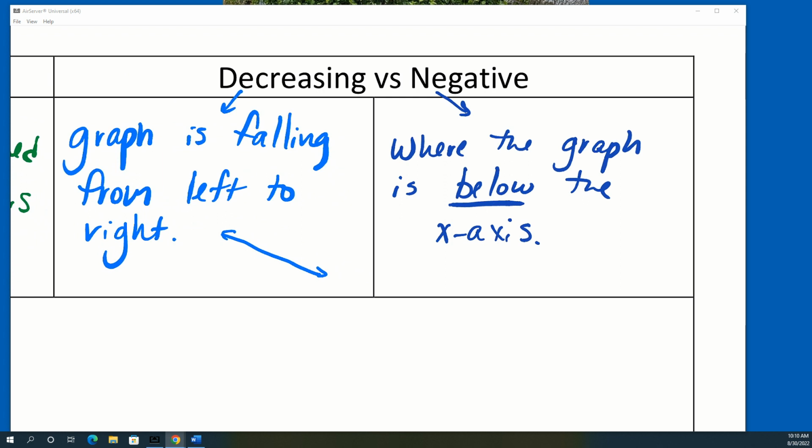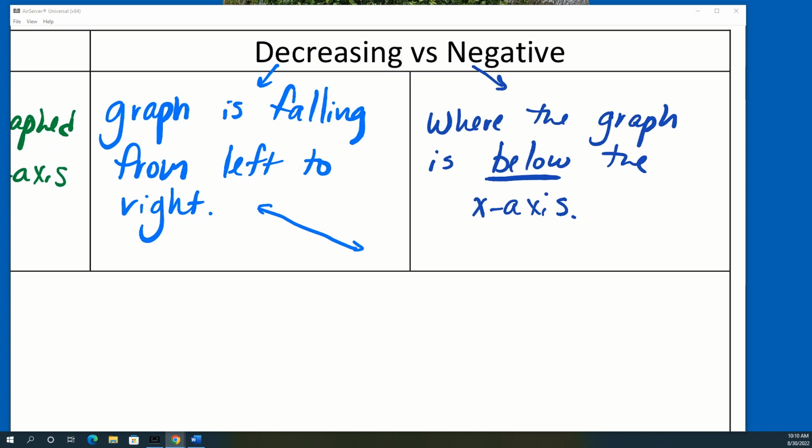All right. So in that big space we have, we're just going to draw just a random little graph that's shaped like a kind of a wide parabola.